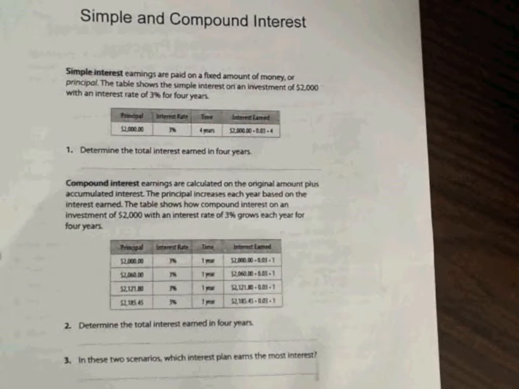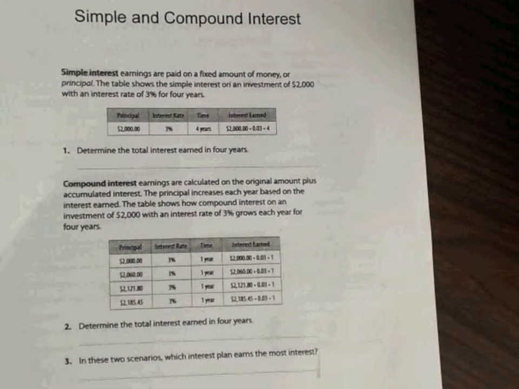Simple and compound interest. First of all, let's just talk briefly about what interest is in general. Interest can be positive and it can be negative. When you are the investor and you are putting money into a financial institution, they will pay you interest, which is a small percentage of your principal, which is the initial amount you put in, for keeping your money in their institution.